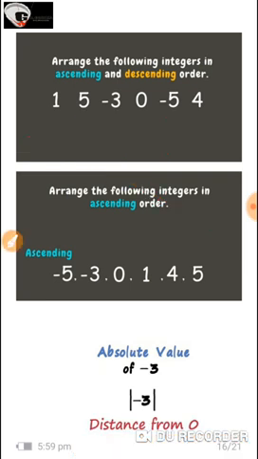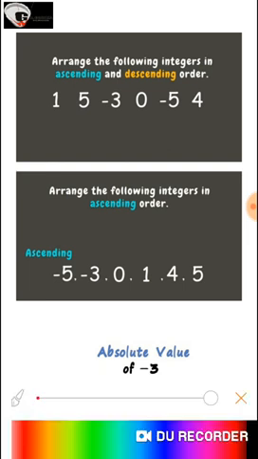So if we take an example that is here on the screen, we have to arrange the numbers in ascending order. We know ascending order means smaller to greater. So here, which one is going to be the smaller number? The negative integers. But among negative integers, which is going to be the smallest integer? The integer that is very far from 0, that is minus 5.